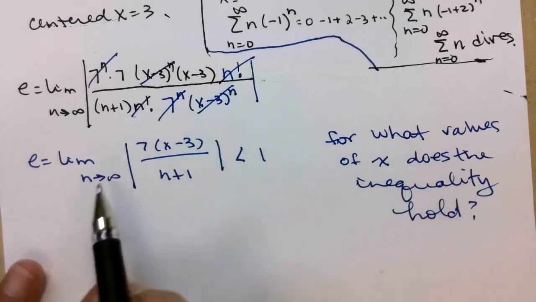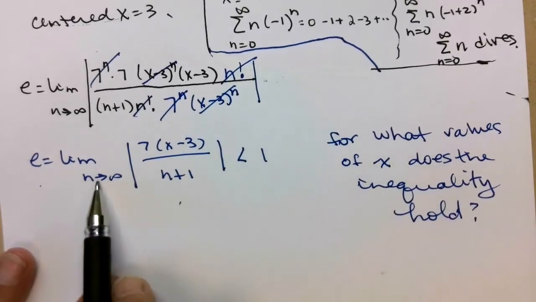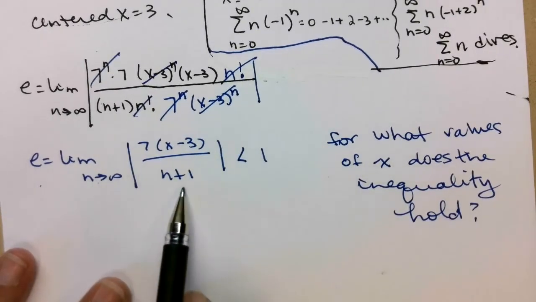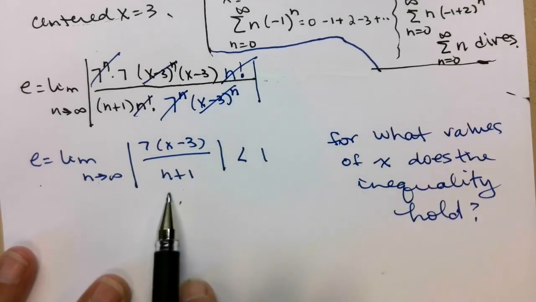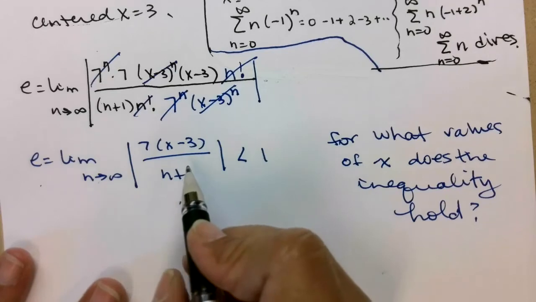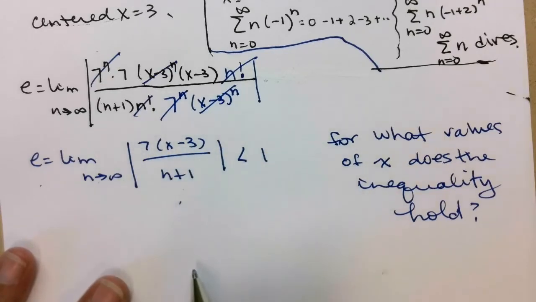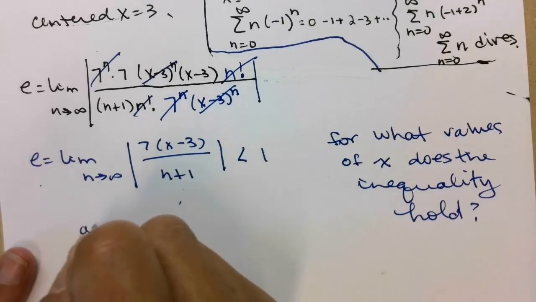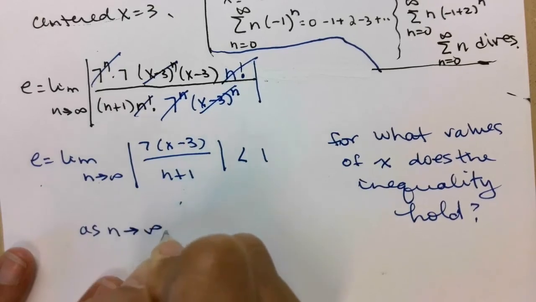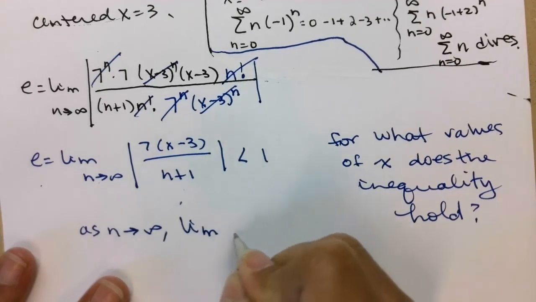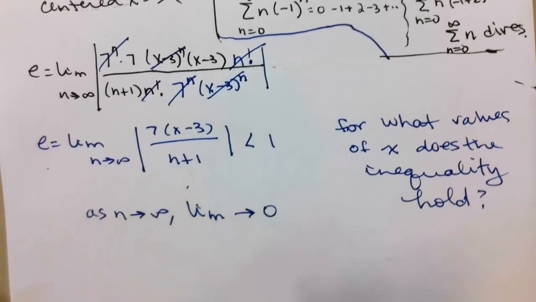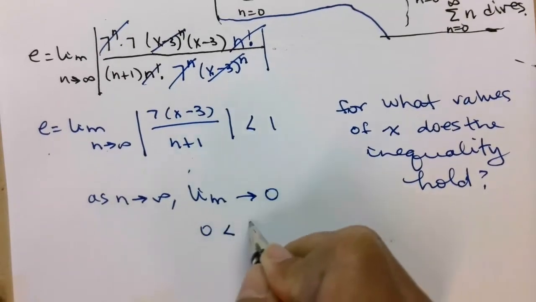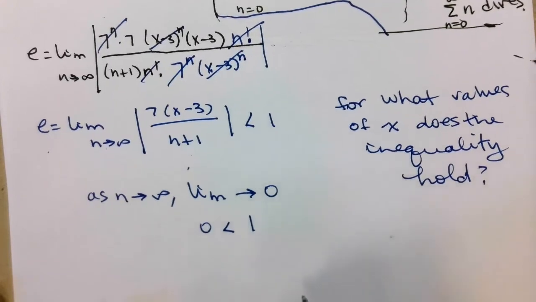But we're also looking at the limit. So as n gets big, this limit goes to 0. And 0 is always less than 1.